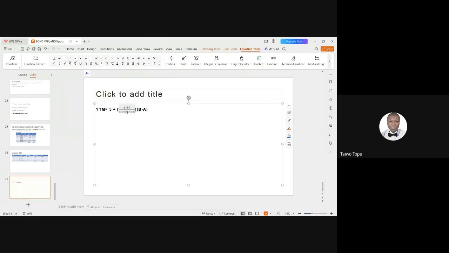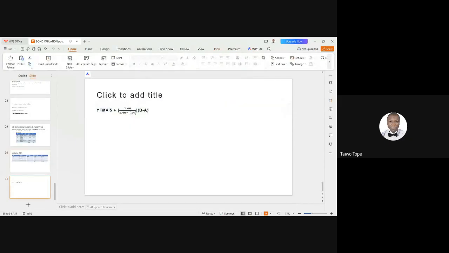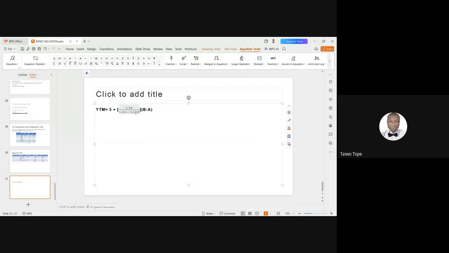Your NPV of B is 14.72. So this is minus.